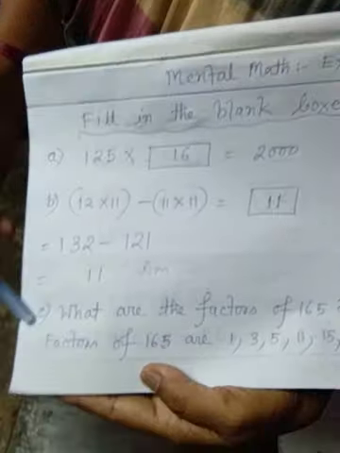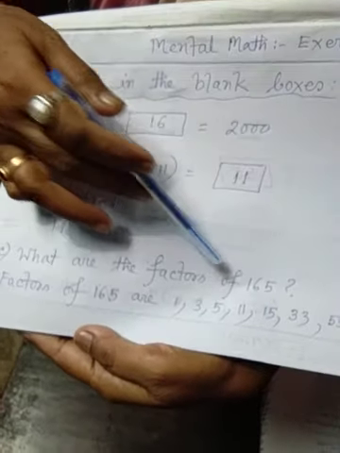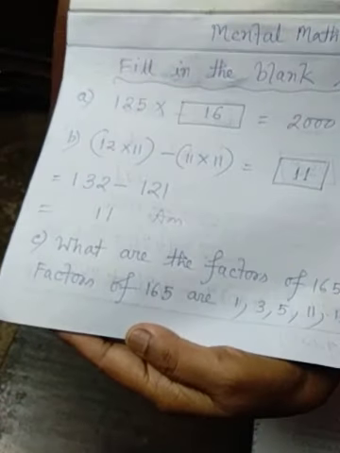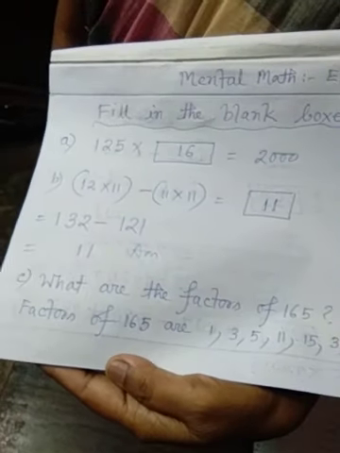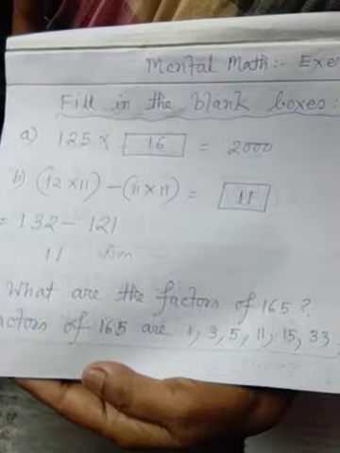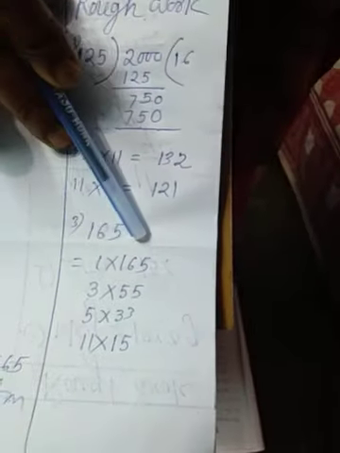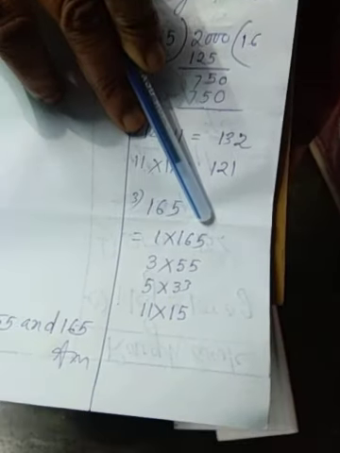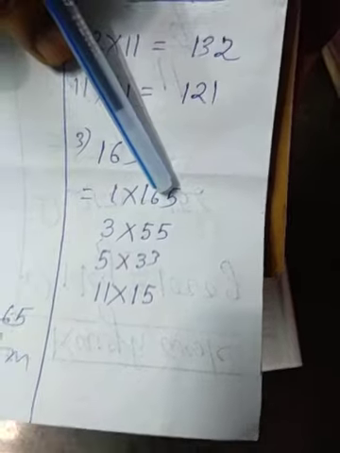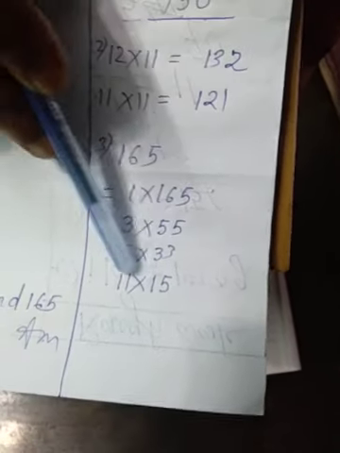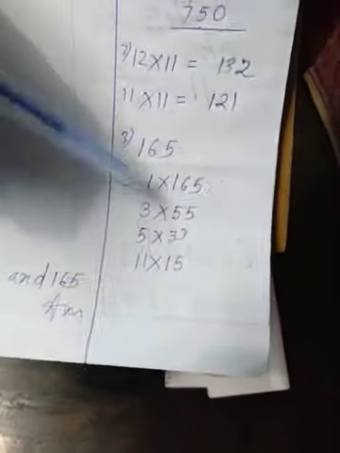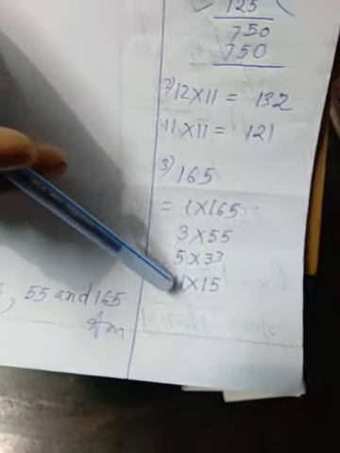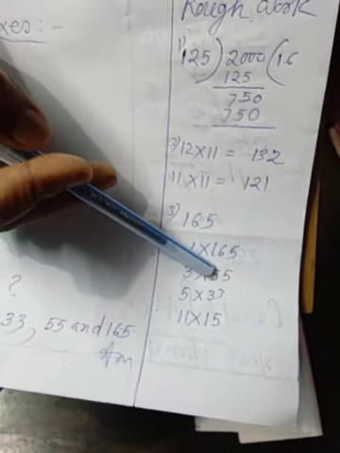Okay. C. What are the factors of 165? What are called factors? The numbers by which a number is divided are called factors. That is 165. 1 into 165, 2 does not divide it. Then 3 into 55, 5 into 33, 11 into 15. So all these are factors: 1, 3, 5, 11, 15, 33, 55, 165.